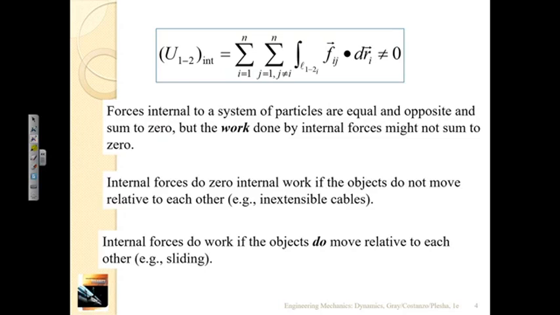Our internal work is minus FAB XA plus FAB XB. Let me rewrite this in a little easier to understand way. So our work is FAB times XB minus XA.